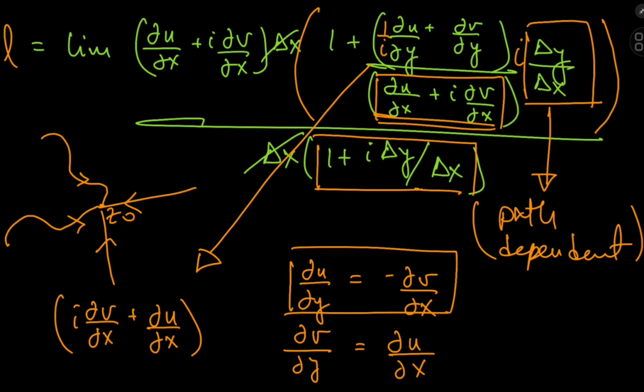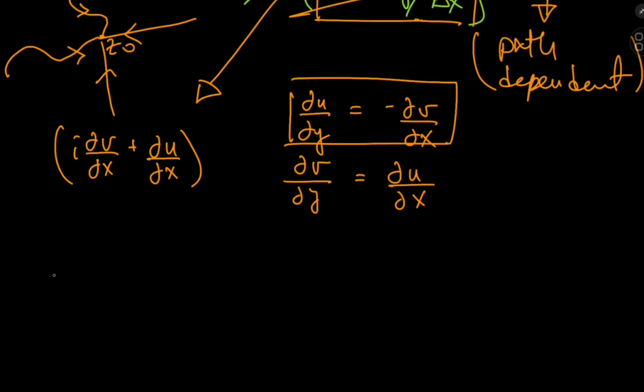So you have some wonderful cancellation here. You're left with 1 plus I times del y by del x, which cancels out perfectly with the numerator now. And all that's left here is just 1.